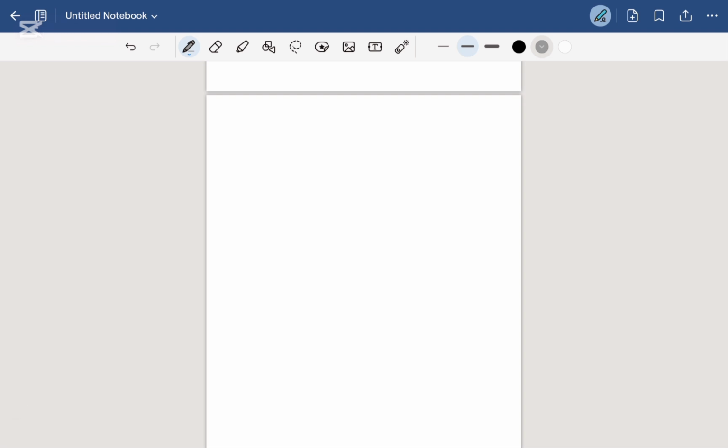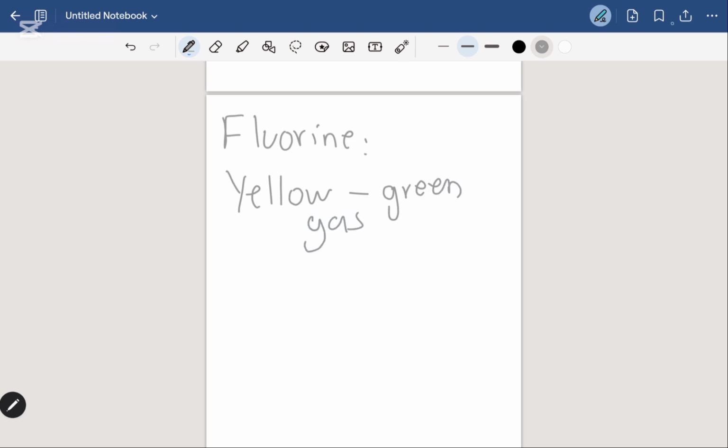Okay, so usually when we're talking about fluorine, it is a yellow-green gas. And what is special about fluorine is that it is the most reactive halogen.